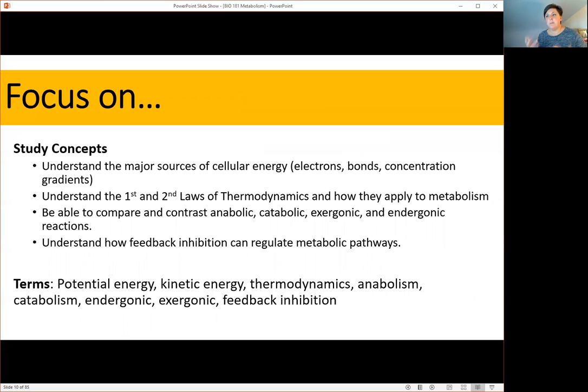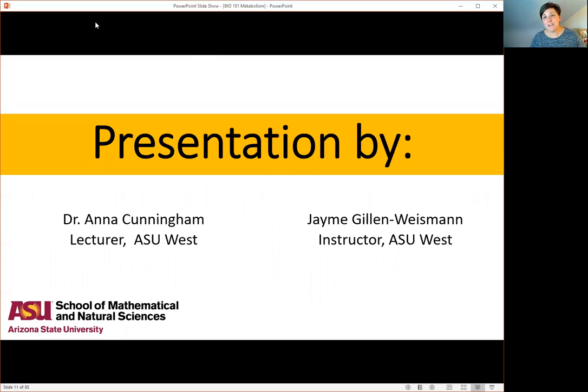You need to be able to compare and contrast anabolic and catabolic, as well as exergonic and endergonic reactions. And you need to understand how feedback inhibition can regulate metabolic pathways. You need to be able to use the terms potential energy, kinetic energy, thermodynamics, anabolism, catabolism, endergonic, exergonic, and feedback inhibition.